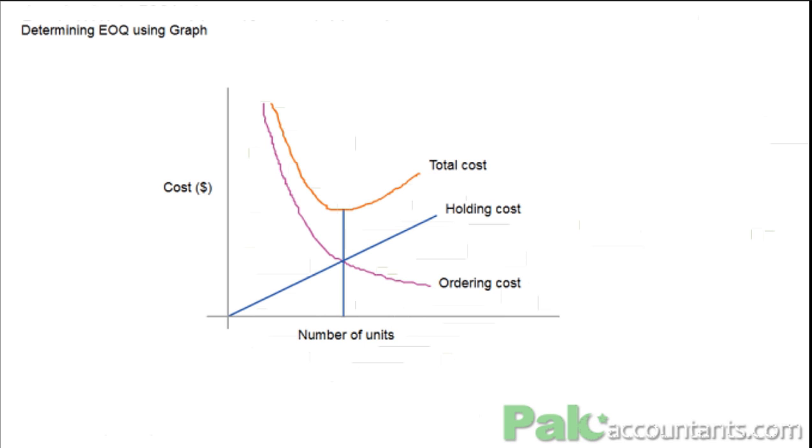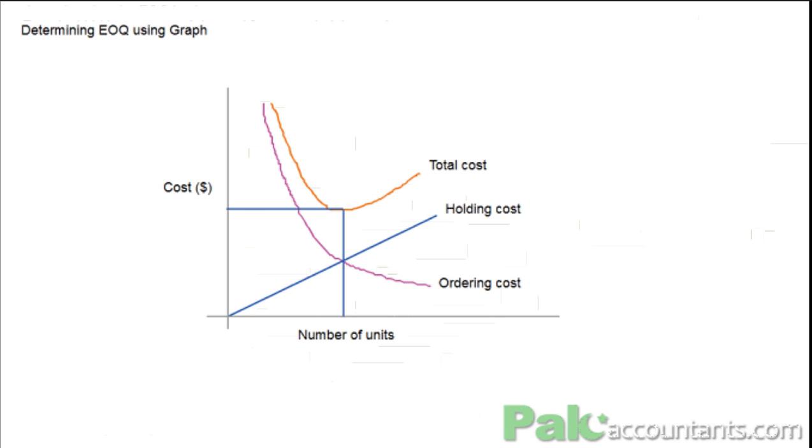So at the point at which the ordering and holding costs intersect each other, we'll draw a perpendicular on the x-axis, and that will give us the number of units that we must be ordering in each level, and the resultant cost of ordering at this level can be determined by drawing a perpendicular on the y-axis.